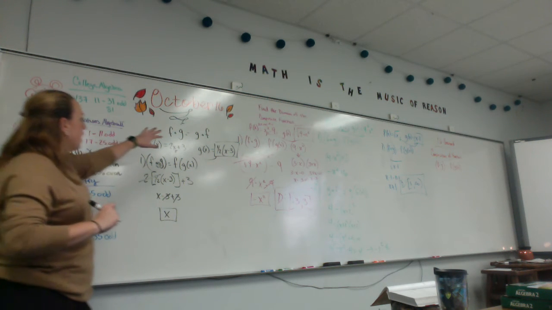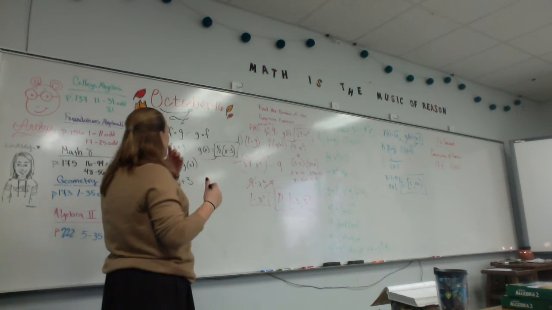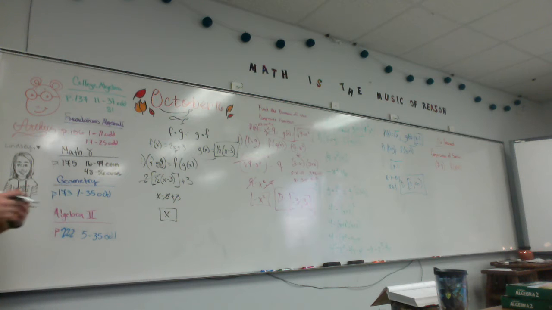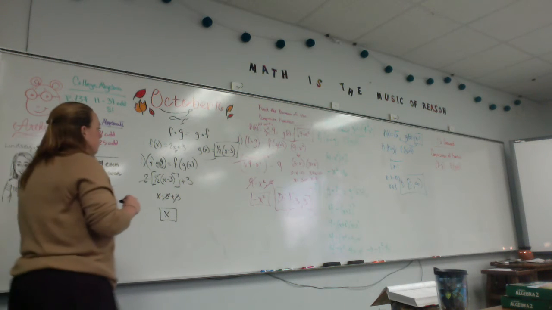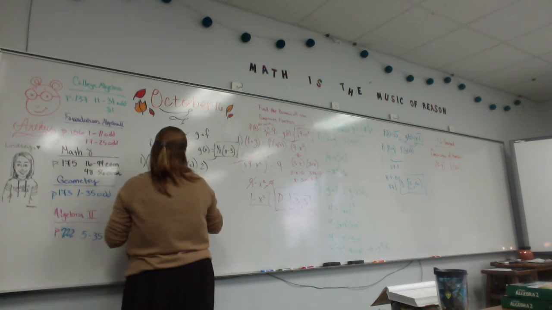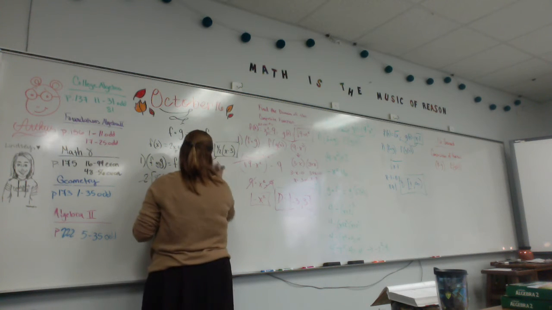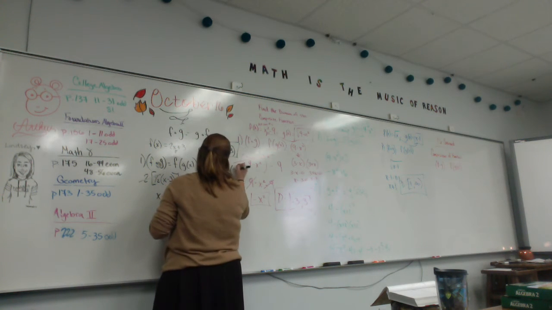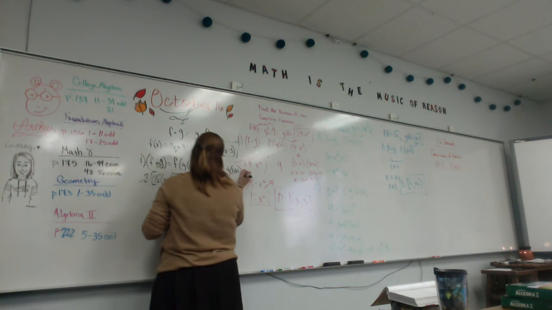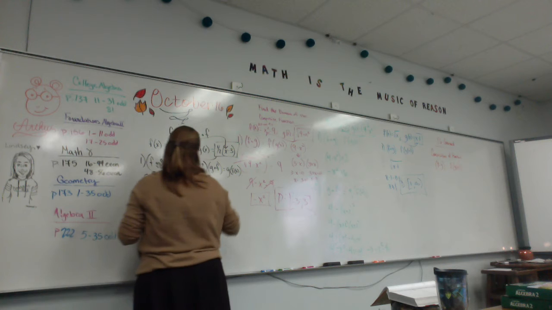If the composition of g of f of x equals x, then they are inverse functions of each other, and that's important to know because when we go to graph things, it will be the opposite of what the other is. So I then have to find g composition of f, which is the same as g of f of x. And I'm taking this equation now and plugging it into that x.